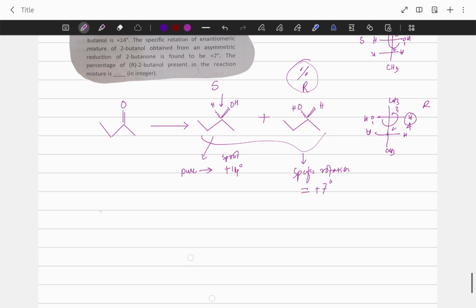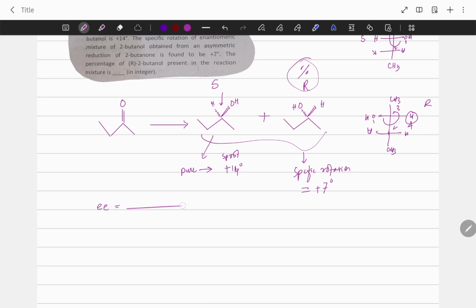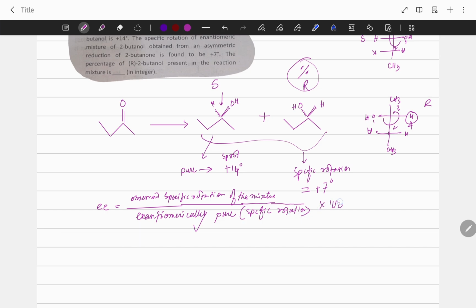Now if you want to find out, let's talk about the enantiomeric excess, EE. It is given by the observed specific rotation of the mixture divided by the specific rotation of the enantiomerically pure substance, into 100.